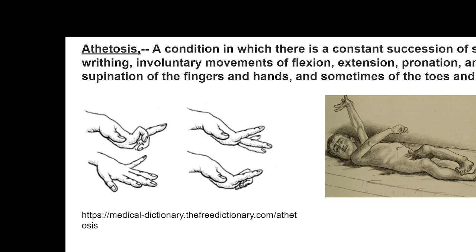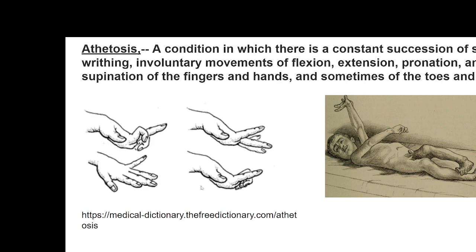Athetosis is another condition where a patient may have a repeated succession of slow writhing movements, with twisting of specific parts of the body. Like in the case of the hand, you may see the fingers flexing and then extending, this kind of repeated movement, which may have all the sequences: flexion, extension, pronation and supination of the fingers or hands, or at times the toes and the feet, and it may be seen as some abnormal behavioral changes.